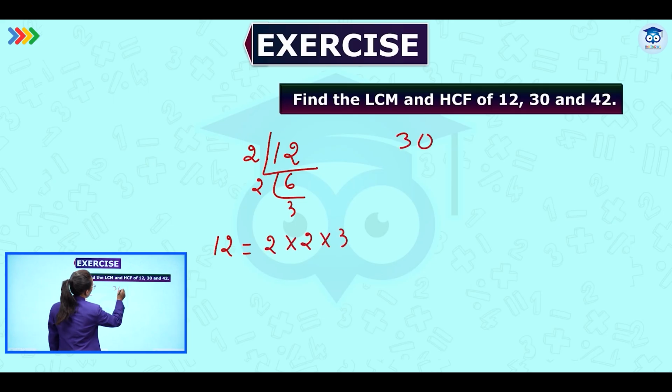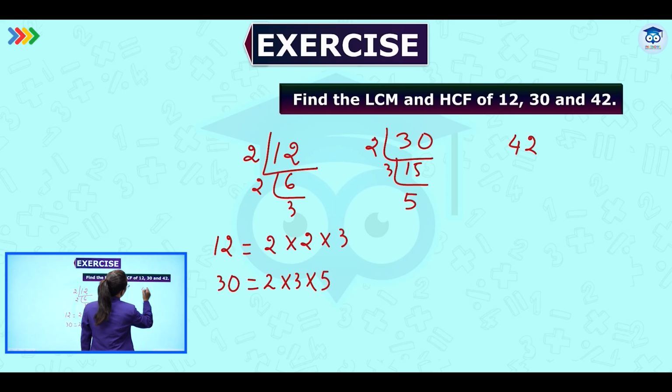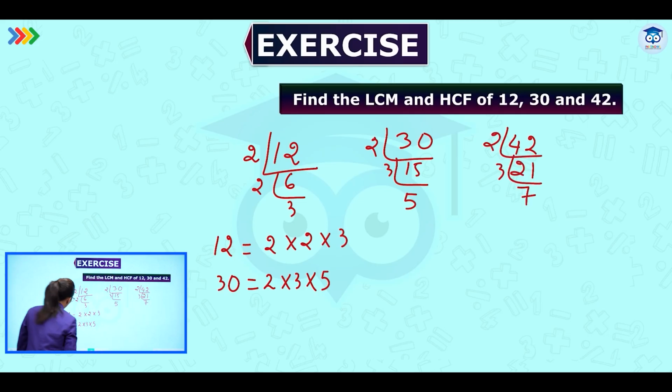For 30 we have 2, 15, 3, 5, so 30 is equal to 2 into 3 into 5. And another one we have 42: 2, 21, 3, 7, so 42 is 2 into 3 into 7.